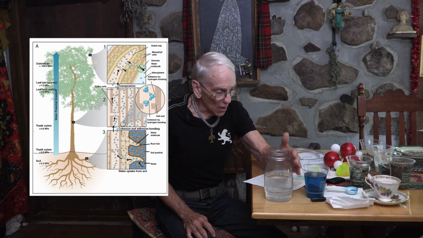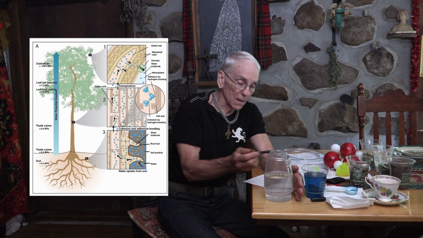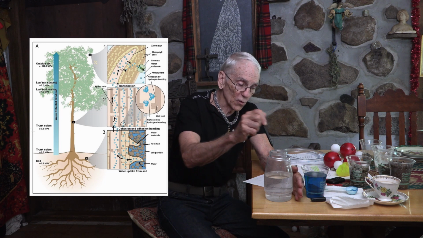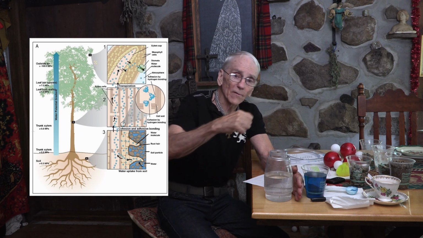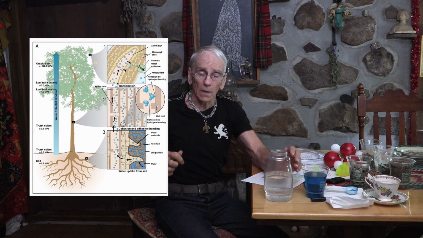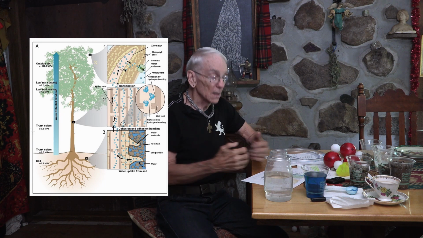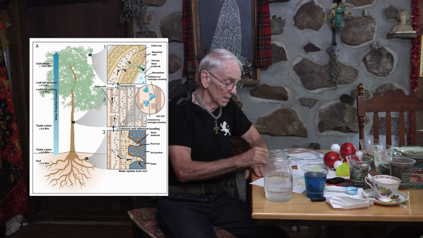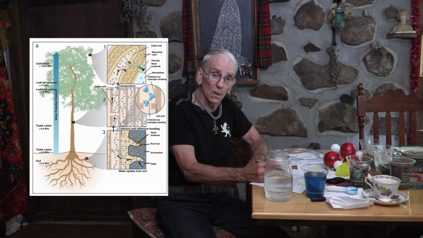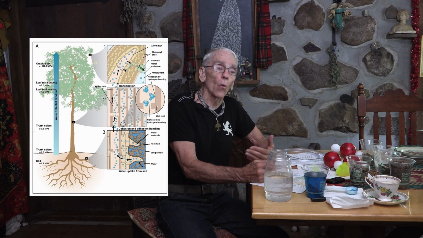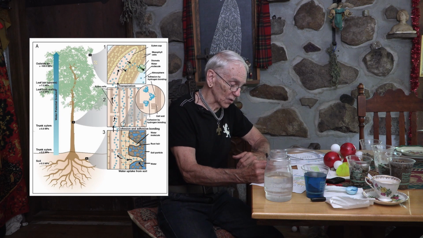Because there's not enough osmotic draw differential between the water energy outside the root here, and inside, to drive that to the top of that 100-foot tree. So what's going on here? Now we get into the meat and potatoes of how this system works and how we have to manage this system.